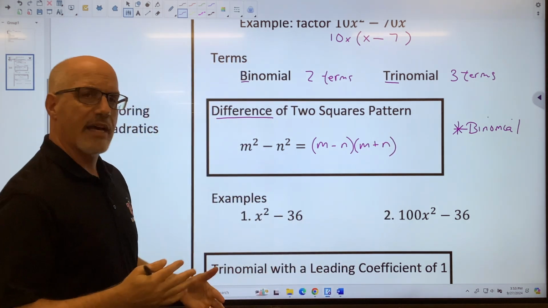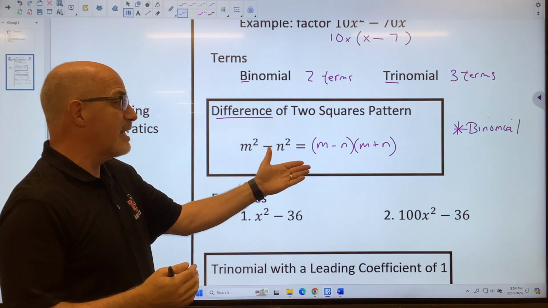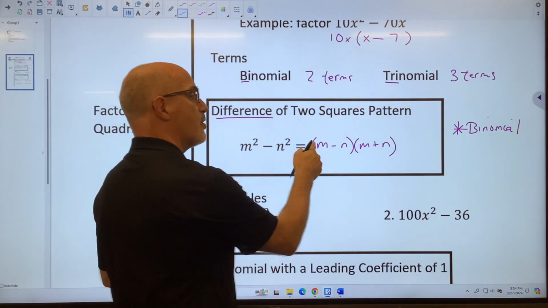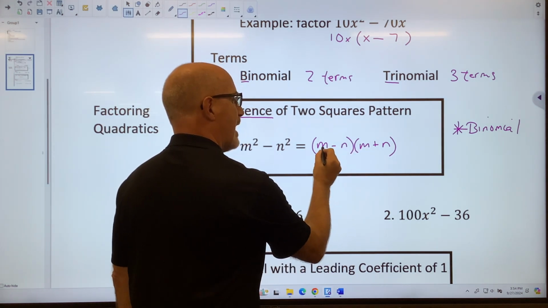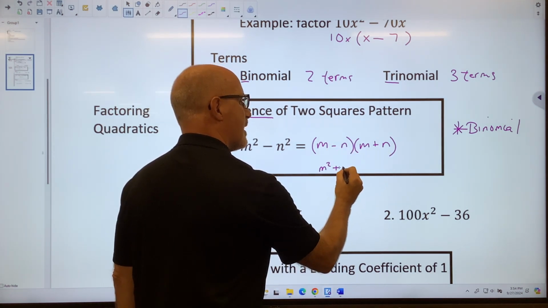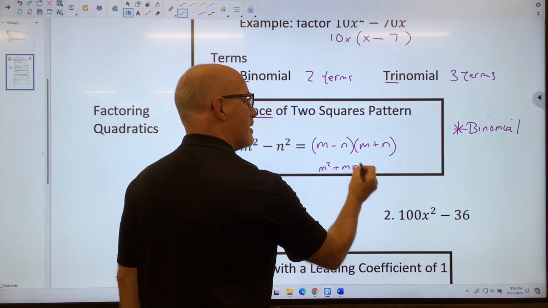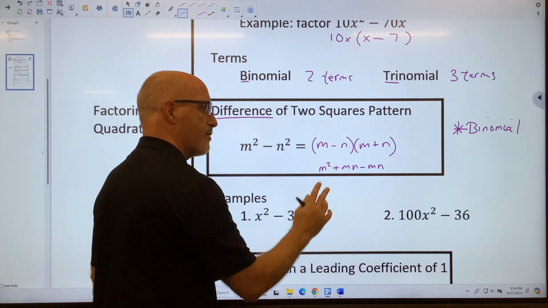The reason why that works, again, this is undoing the multiplication. If I were to multiply to show that this equals this, notice it would be m times m is m squared. M times plus n is plus mn. Negative n times m is negative mn. I'll just write the m first because of commuting.